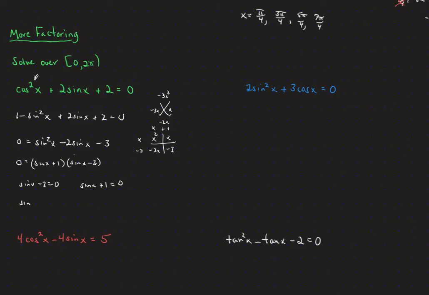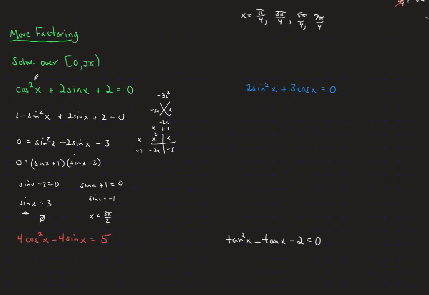When you get sine x equal to 3, that's a bit of a head scratcher. But if you remember, the biggest sine can ever be is 1. There's no value of x that's going to make sine equal to 3, and so that contributes nothing. On the other hand, the only thing that makes sine x negative 1 between 0 and 2 pi is going to be 3 pi over 2.